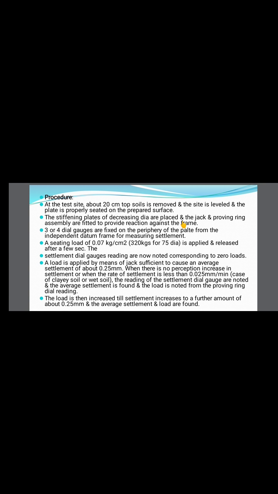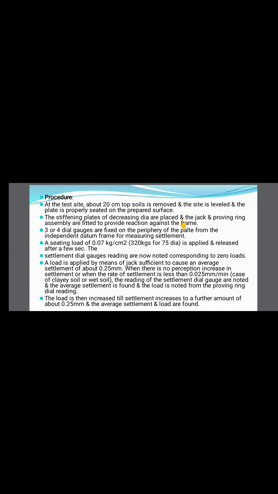A seating load of 0.07 kg per square centimeter, that is 320 kg for 75 cm diameter, is applied and released after a few seconds. The settlement dial gauge readings are now noted corresponding to zero load. Then a load is applied by means of the jack sufficient to cause an average settlement of about 0.25 mm.